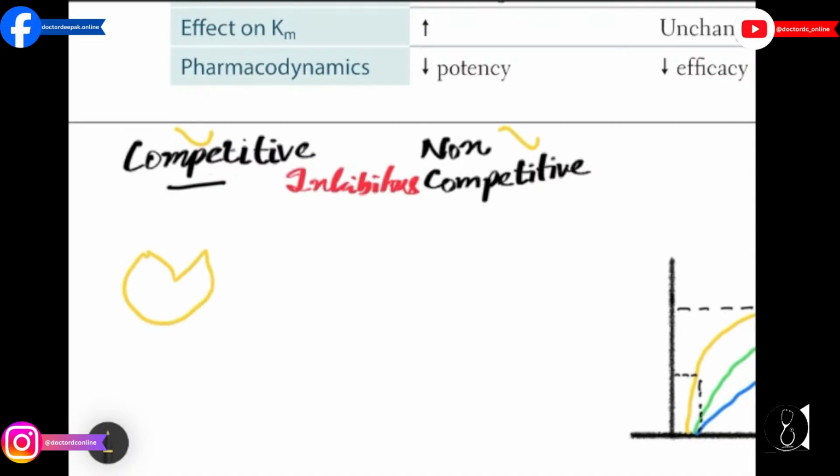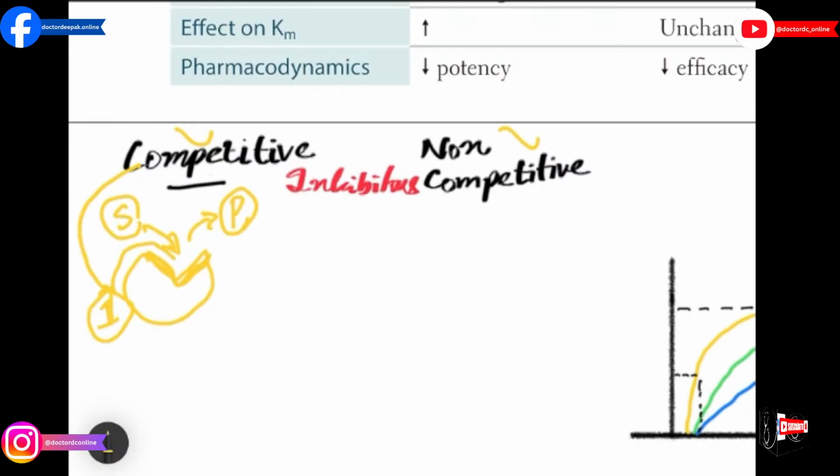If you know the structure of an enzyme, it has an active site where the substrate will attach. From this site, there will be a formation and activation, and it will convert into a product. But a competitive inhibitor just looks like a substrate.